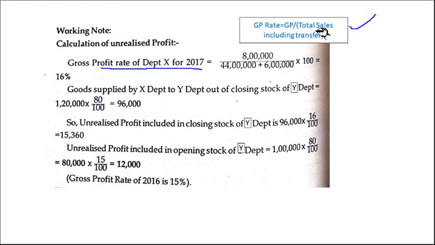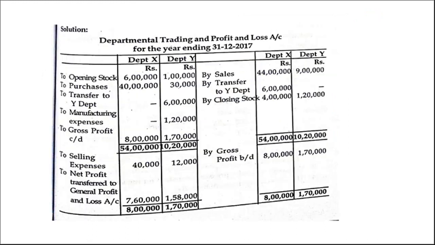Here you see gross profit. Now we will find out for department X. Department X gross profit is 8 lakh and sales of X are 44 lakh and 6 lakh.